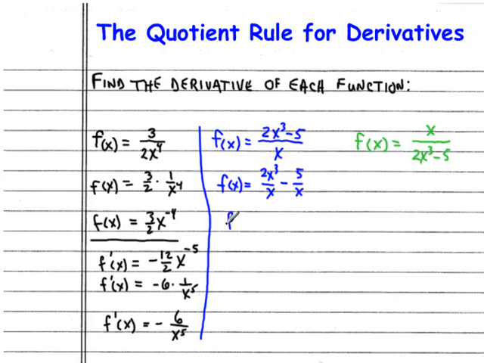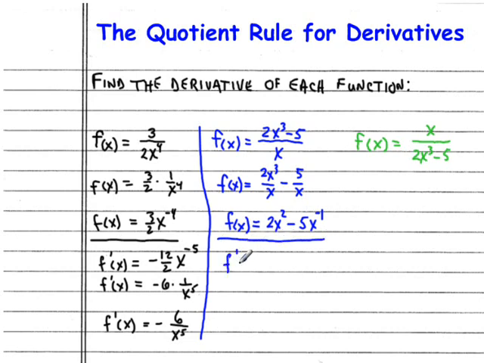In this first term, 2x cubed divided by x is just 2x squared. And we could write our second term as minus 5 times x to the power negative 1. Then we would simply be using the power rule for derivatives here.